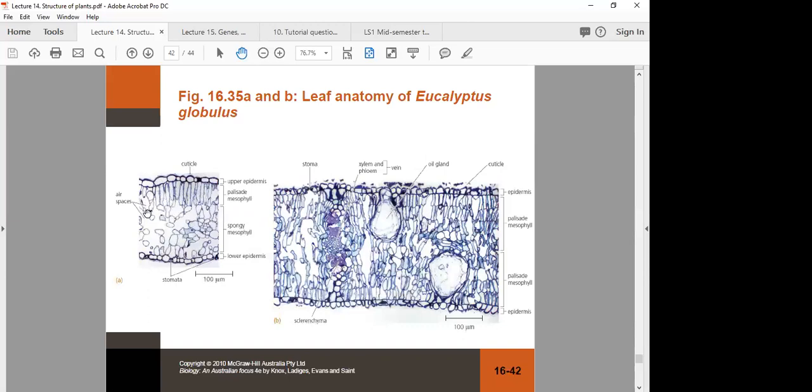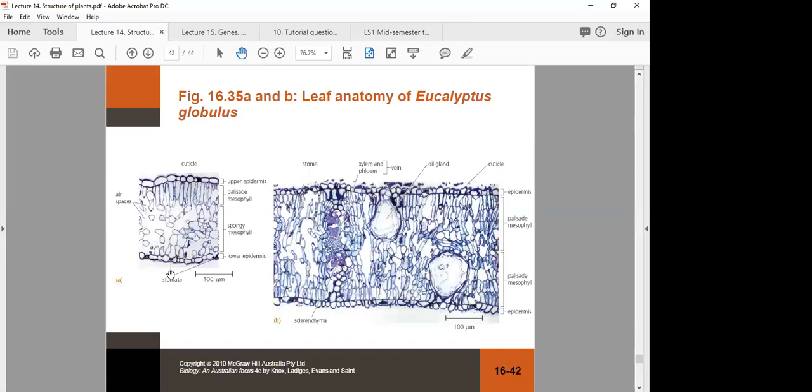Then in this lower part of the leaf, we find these very irregular shaped cells sort of scattered around, and these are called spongy mesophyll cells. And they also contain some chloroplasts and also function in photosynthesis. But also important to note are all these air spaces, particularly between the spongy mesophyll cells.